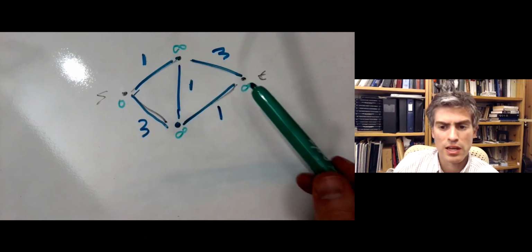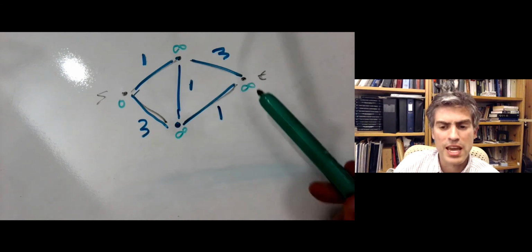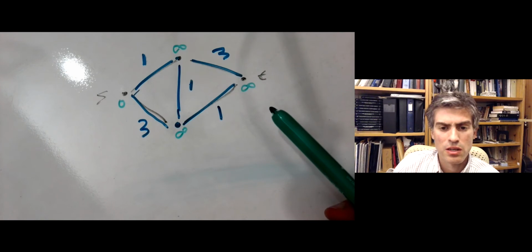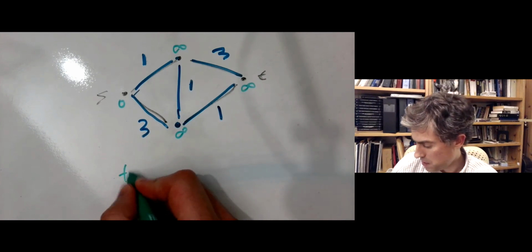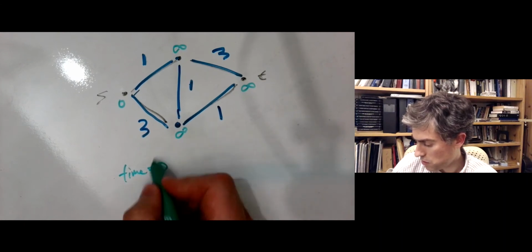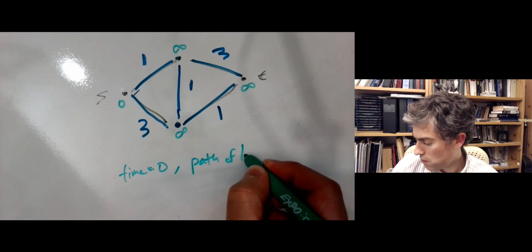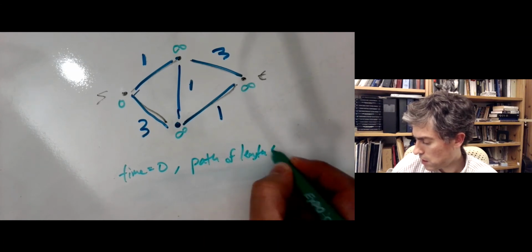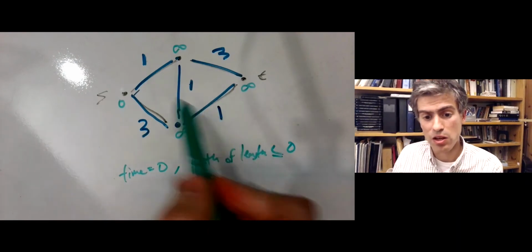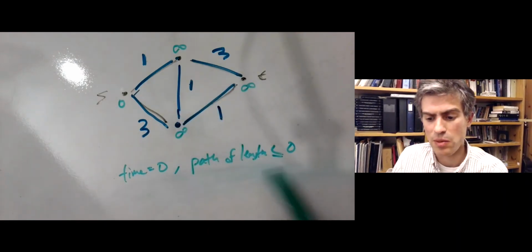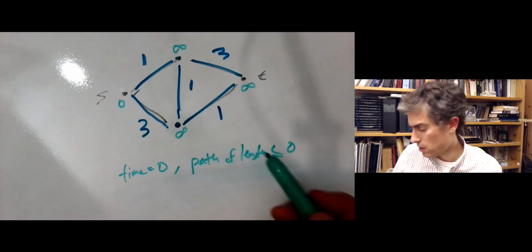To these other nodes, I can get to them at cost infinity, because I can't reach them. This is time equals 0, or iteration 0, so paths of length less than or equal to 0. So these are in fact the correct distances with this limitation that the path has to be less than or equal to 0. Now I start the loop.